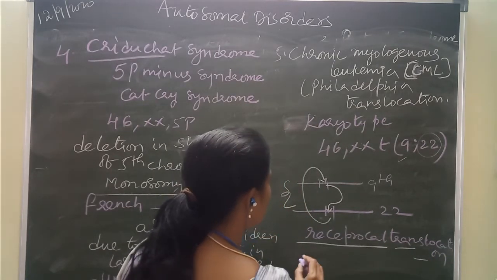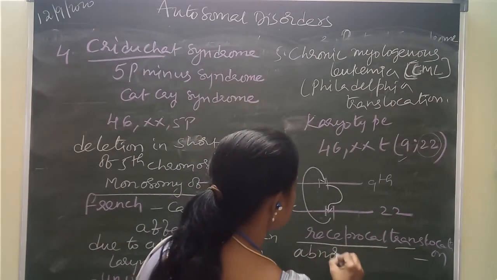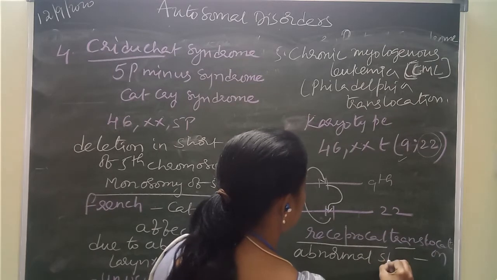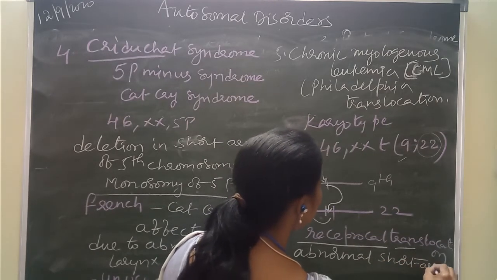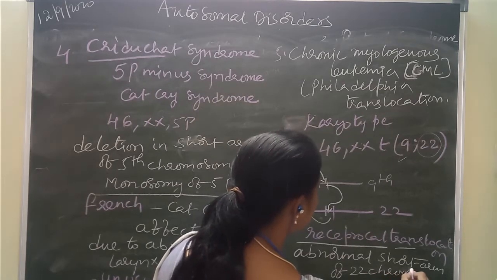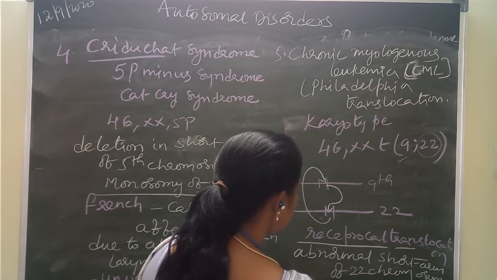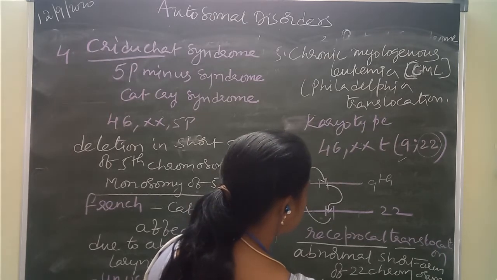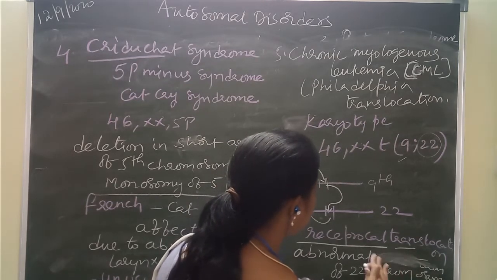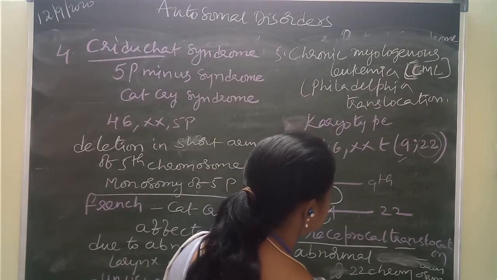It results in an abnormal 22nd chromosome and an abnormal 9th chromosome.